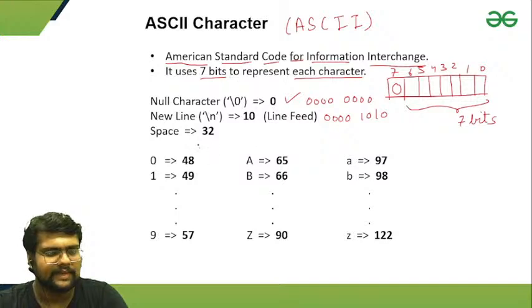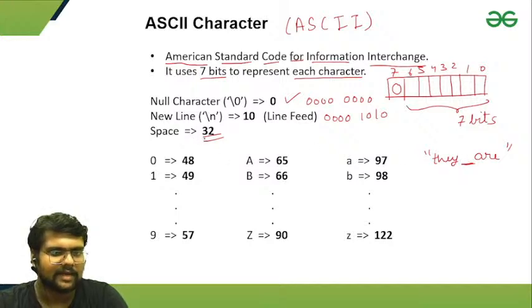Okay, then we have space. So the space ASCII value is 32. So if we have a string something like this, "they are". Okay, so here there is a space. So this space has an ASCII value of 32. Then we have the character 0, whose ASCII value is 48, then 49, and up to 9 we can continuously increment this value.